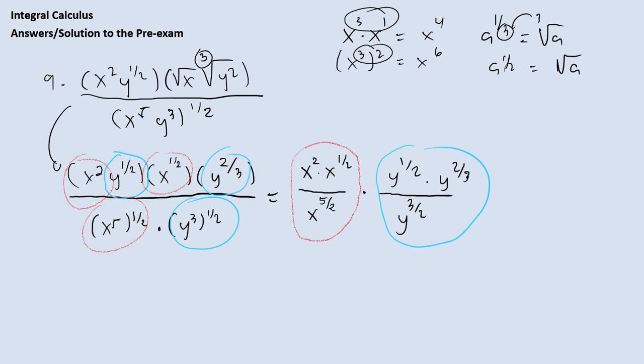Kaso ang problema, multiplication plus. So, add nyo lang yung exponent. So, plus. So, add. So, magiging 2 plus 1/2.